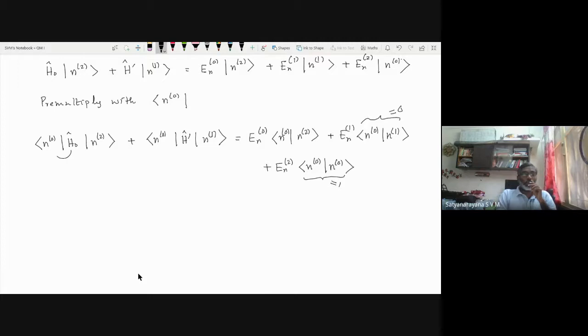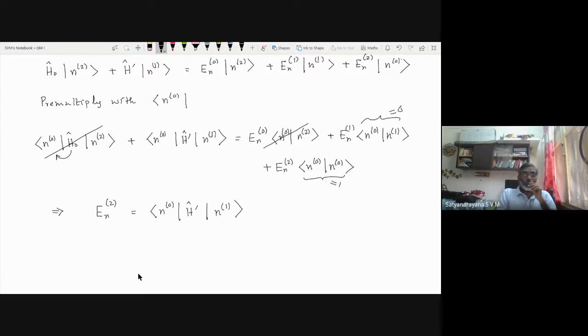Because H can act on this, it will be En0 N0 N2. So this term will cancel with this term. Okay. So this implies we have En2 is equal to N0 H prime N1.